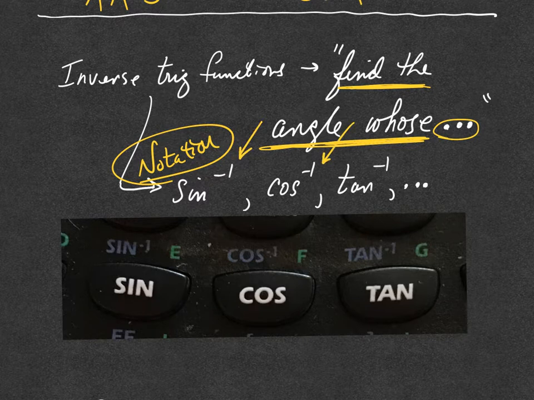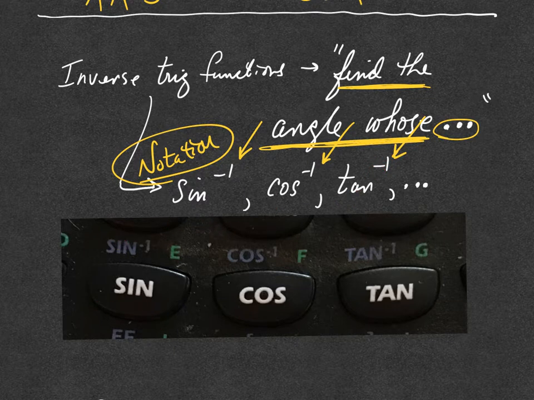Those little -1 superscripts mean we're taking the inverse of whatever it's attached to. So this -1 superscript means inverse sine. Over here, the -1 means inverse cosine. This fellow over here means inverse tangent.